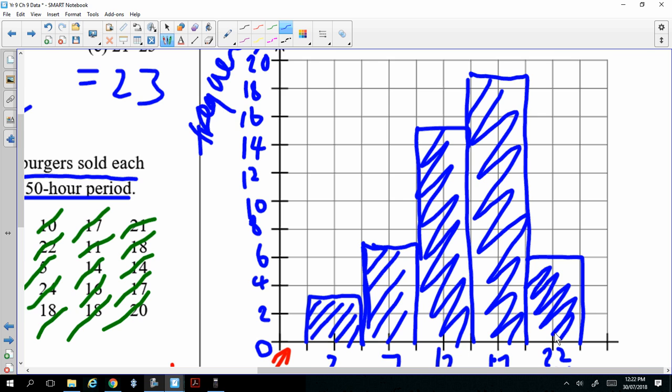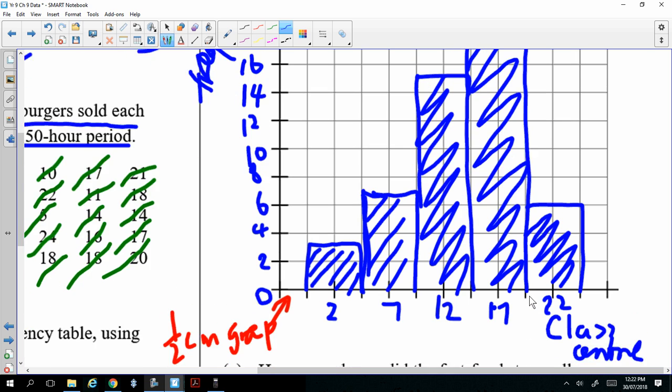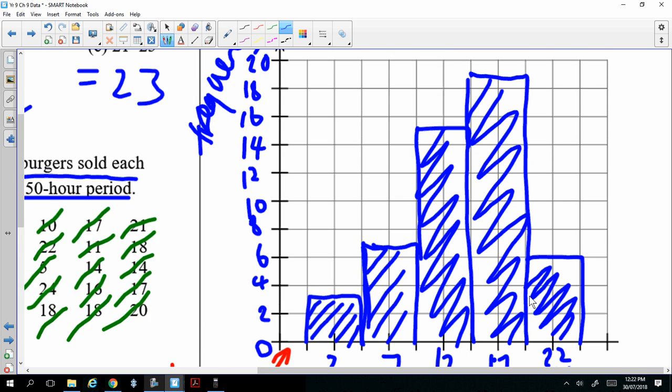So once you've drawn the histogram, does it ask you to draw a polygon? Let's draw the polygon. Okay, what's a polygon? So you start from 0, join to the middle of each column. Like that.